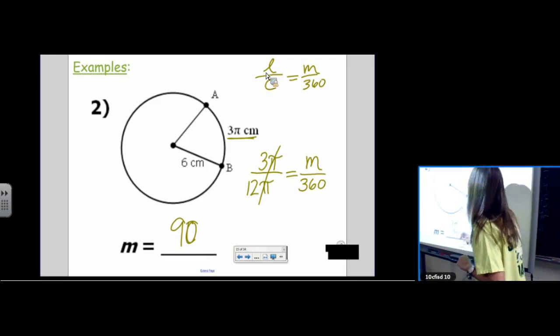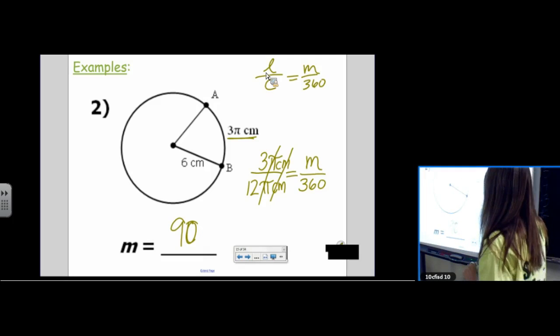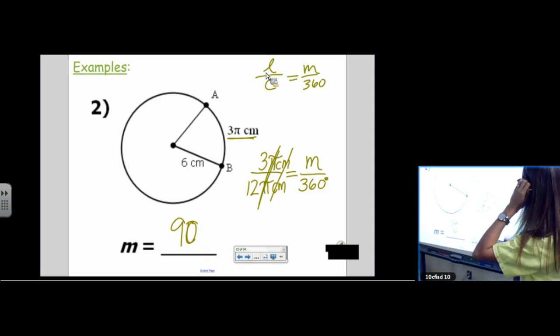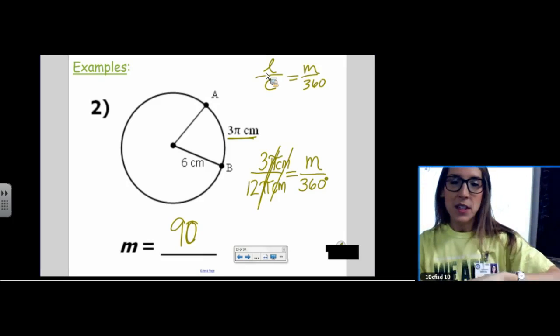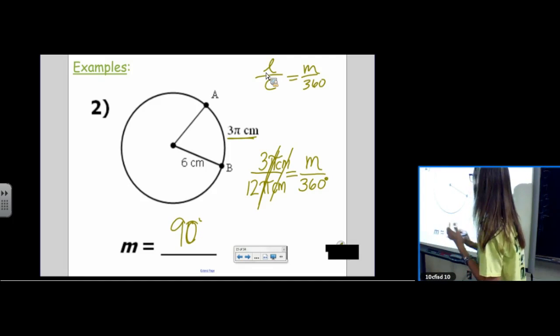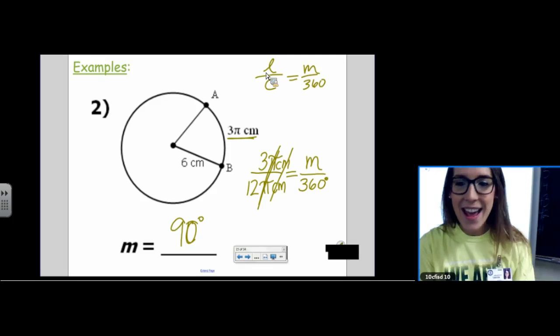So what happened when we did this was the units canceled. The pi's canceled. The only thing that didn't cancel was the degree symbol. So that automatically makes our answer in the form of degrees. So our answer is 90 degrees. It is not a length, and it is not in terms of pi.